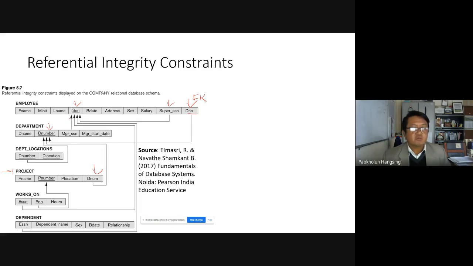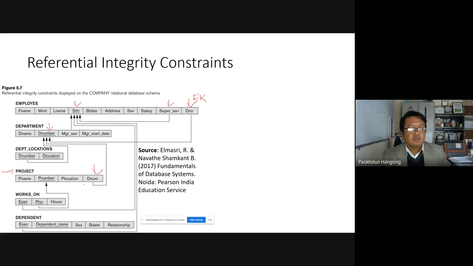For dependent of employee, we are using ESSN, the employee social security number, which refers to the employee to record who is whose dependent. Similarly, works on records which employee is working on which project and for how many hours. To find this out, we have this employee social security number, which is the same again.